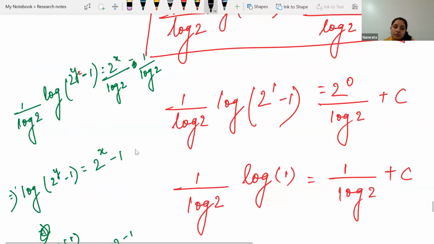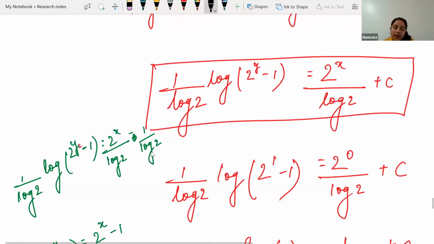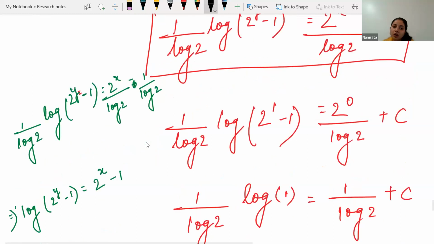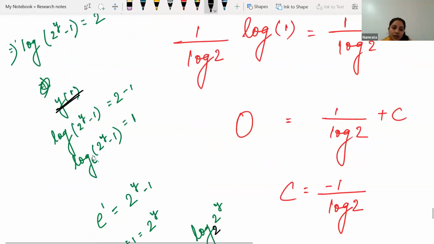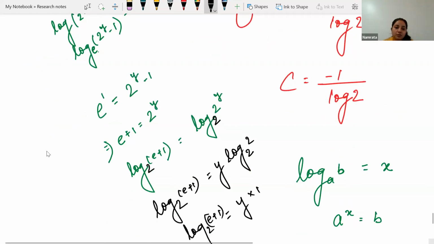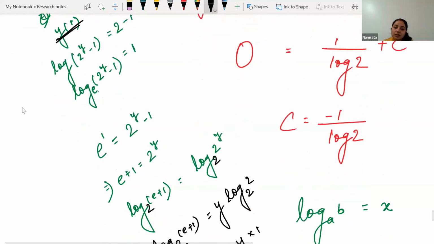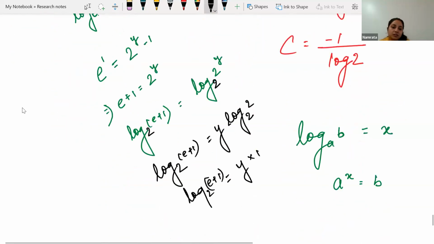Till finding the value of c, that is 1 by log 2, we have done everything same. After that, it is asked to find y of 1, so we took x as 1, and used the property of logarithm two times. Is it clear to everyone?